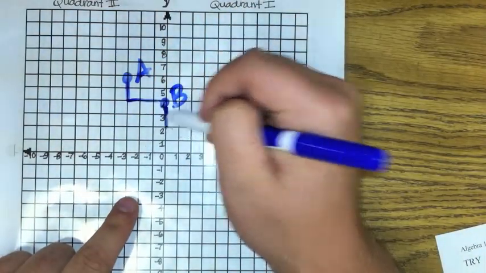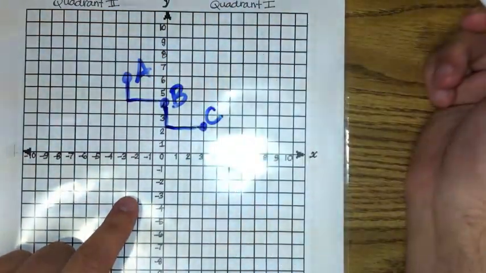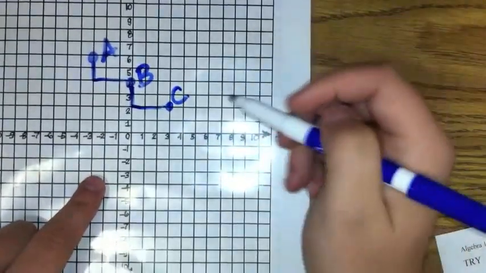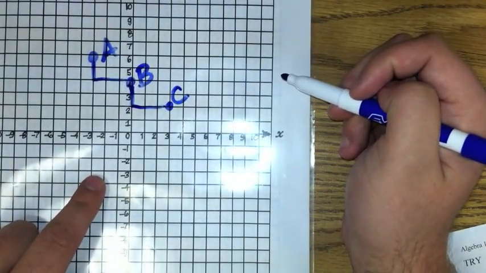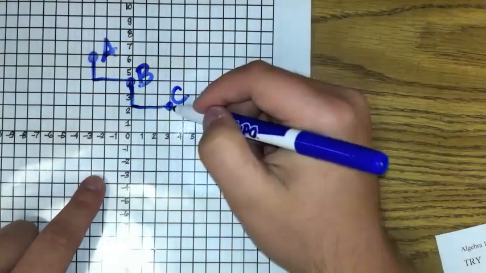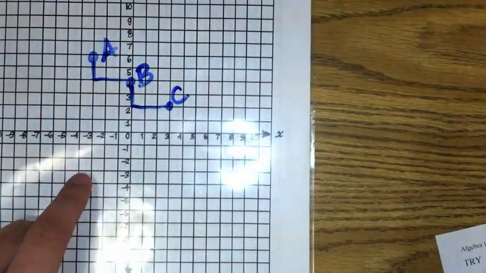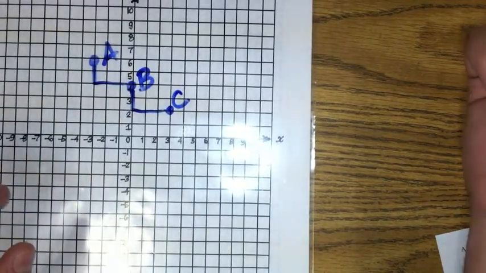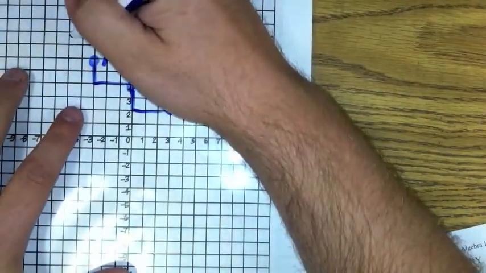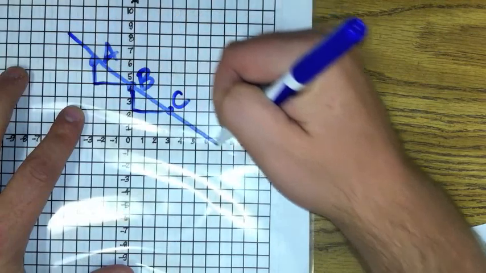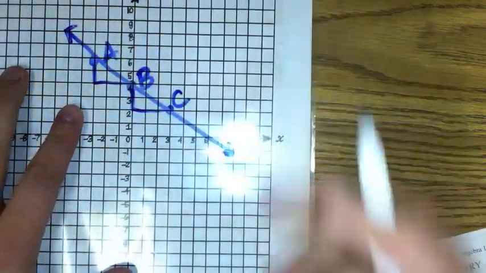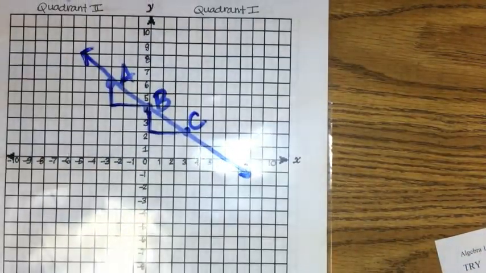Again, it goes down 2 over 3. Do you think that if I wanted to make a point D that I could? Okay, we could. You would just go down 2 over 3. Okay, but that's another video, another time and place, just kind of getting you guys ahead of what the next unit is going to be. But the relationship between these, it just makes a line. Okay, a downhill line on top of that.